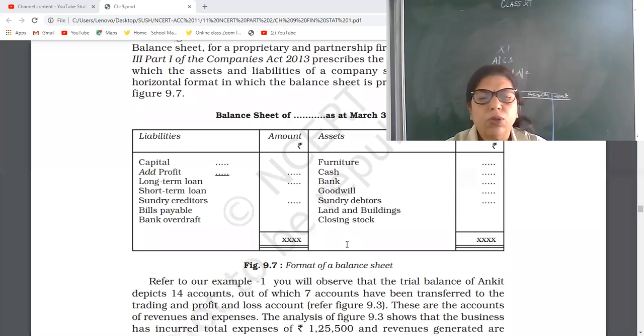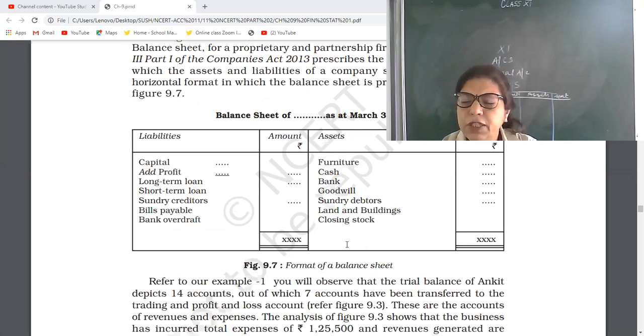Then long-term loans, short-term loans, current liabilities like creditors, bills payable, which are known as trade payables, and bank overdraft. Bank overdraft is a liability. I gave you that term in the chapter Bank Reconciliation Statement.